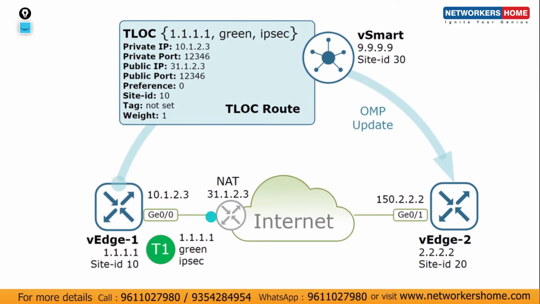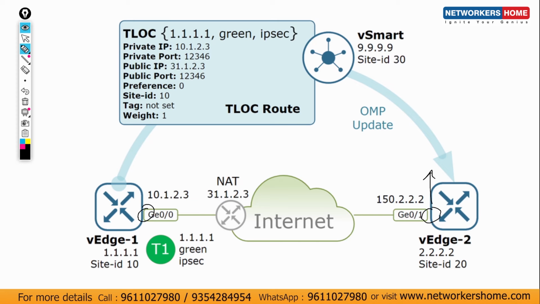So here I have this scenario. Now we have to find out what the transport locator is here. It will not be wrong to say that this is one transport locator. This interface is basically going to get converted into a TLOC, because it is running OMP by default on the transport side as well as all the service VPNs.